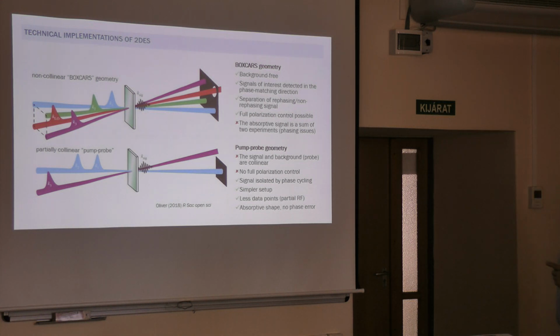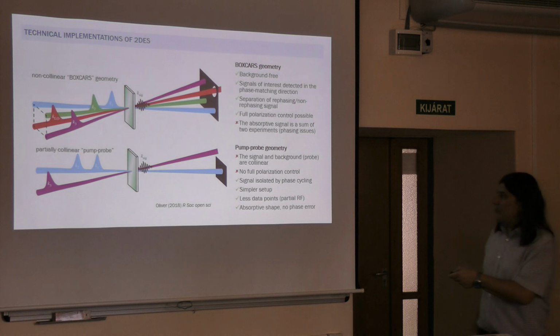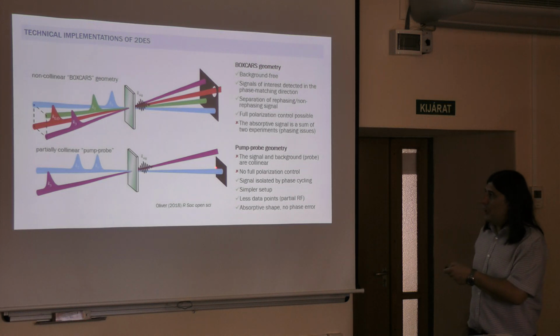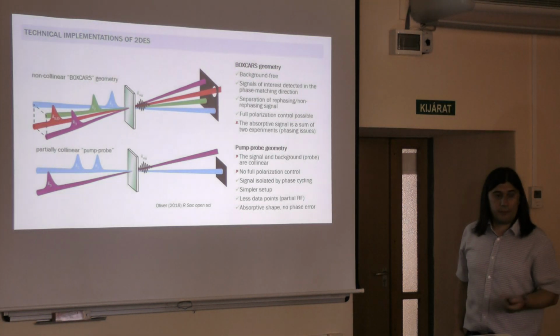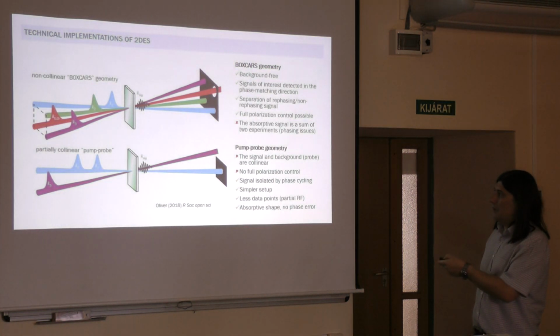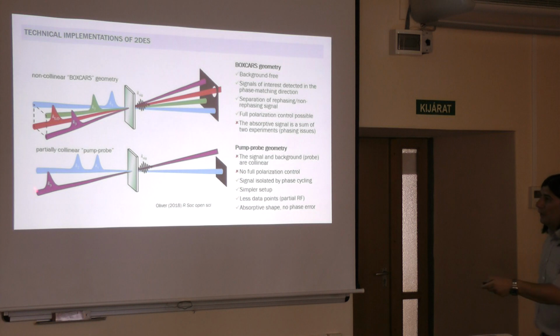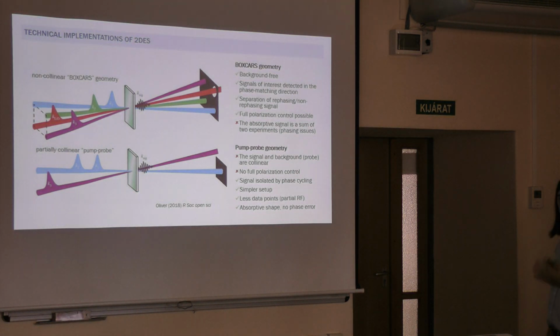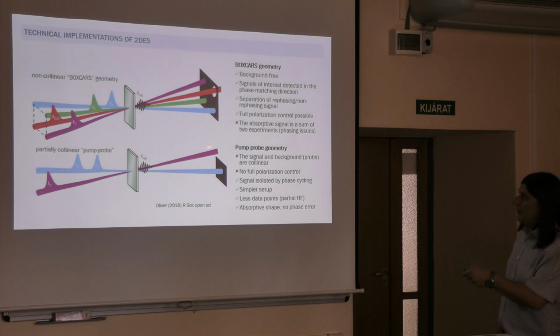But then the question is, how do you get the two-dimensional echo signal, and not the pump probe? Because the pump probe signal will also be here, and also the probe field itself. So you have to isolate the signal from the background, and that is done by phase cycling. I will tell you about it.